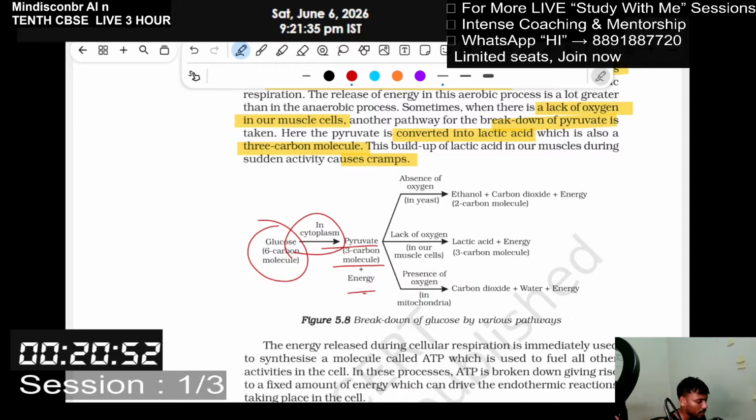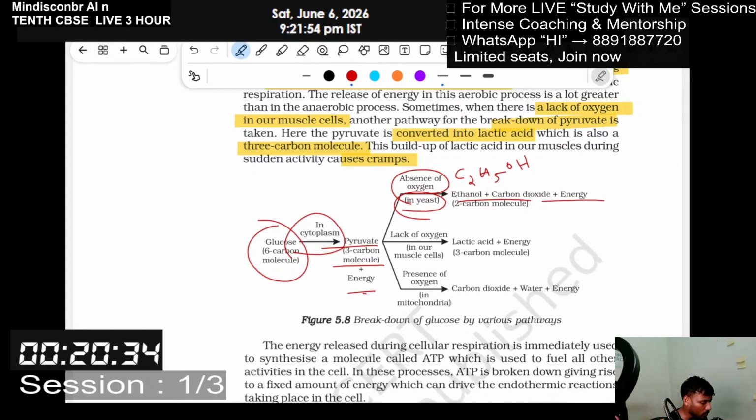This pyruvate, in the absence of oxygen and presence of yeast, converts to ethanol, carbon dioxide and energy. Ethanol is a 2 carbon molecule. The formula is C2H5OH, and carbon dioxide plus energy.